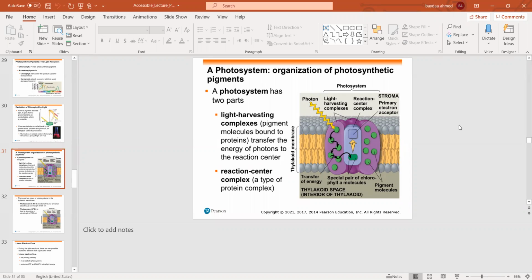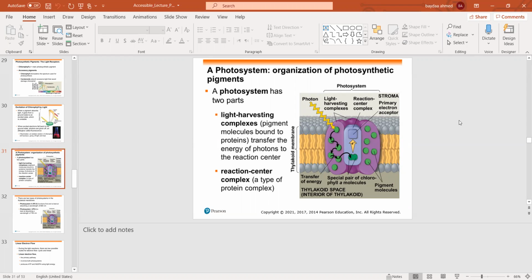As soon as the chlorophyll electron is excited to a higher energy level, the primary electron acceptor captures it. This is a redox reaction. Each photosystem, a reaction center complex surrounded by light harvesting complexes, functions in the chloroplast as a unit.